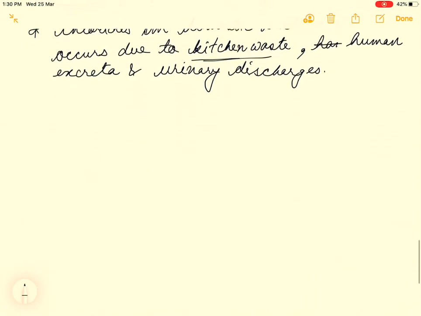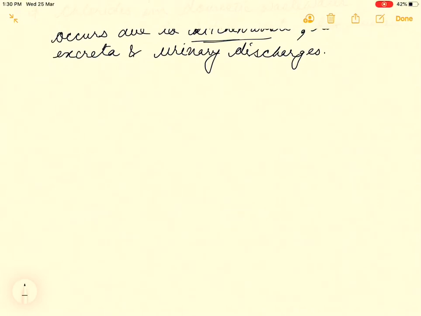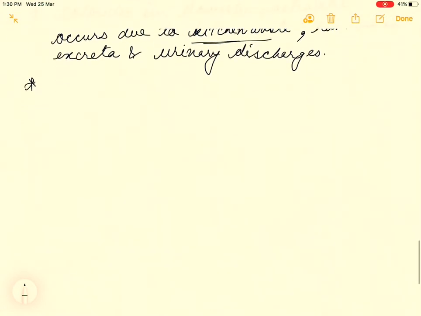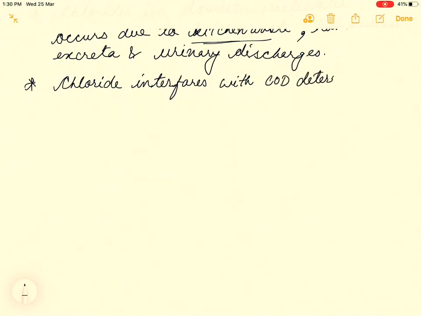It is also important to determine chloride because chloride interferes with COD determination. What is COD?